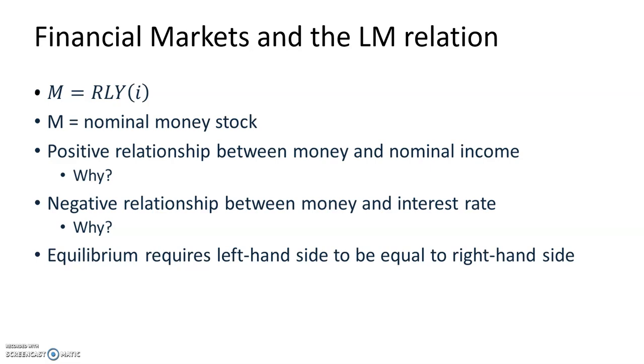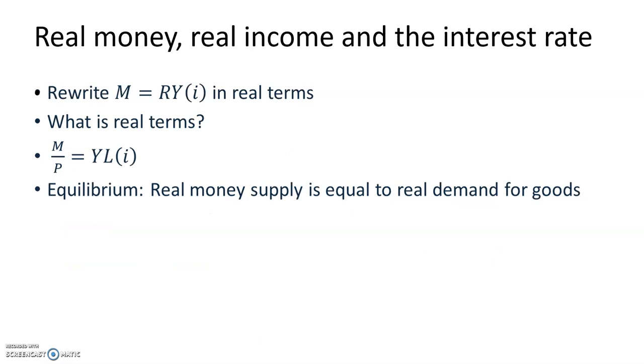Why? An equilibrium requires the left-hand side to be equal to the right-hand side. Real money, real income, and the interest rate. So the equation M is equal to $YL(i) gives a relation among money, nominal income, and the interest rate.